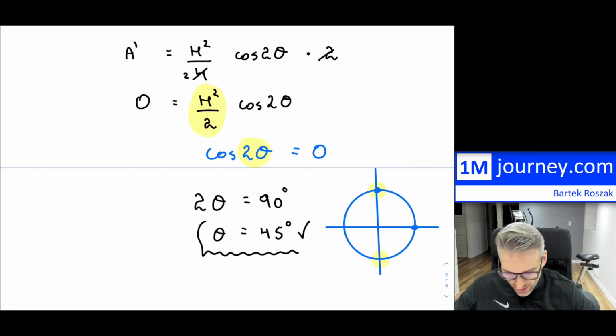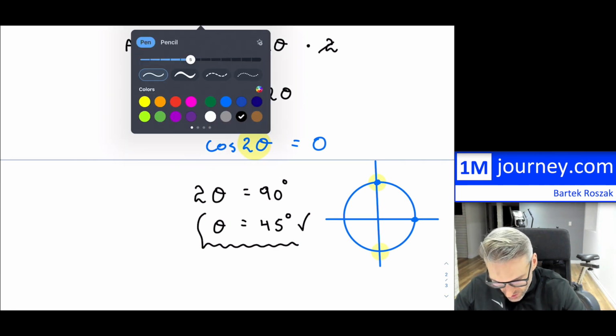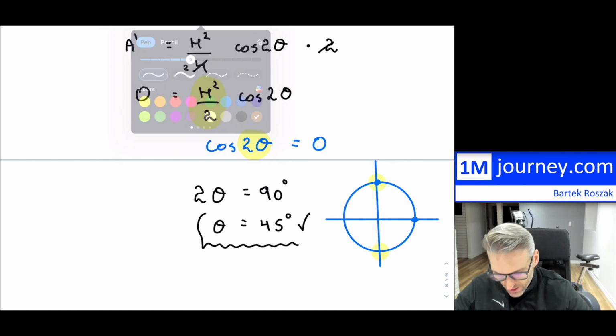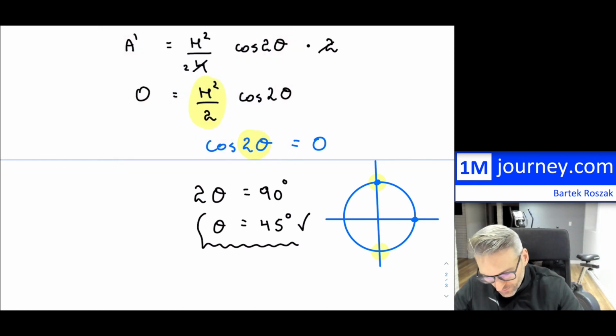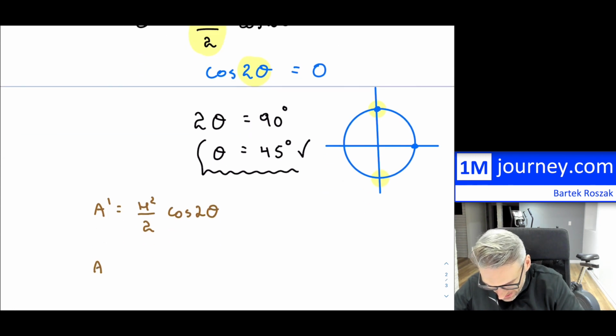But if they really push you for that, don't forget that you can use the concave up and concave down concept. Our derivative was h squared over 2 times cos 2 theta. If you take the second derivative, what you're going to get is h squared over 2.